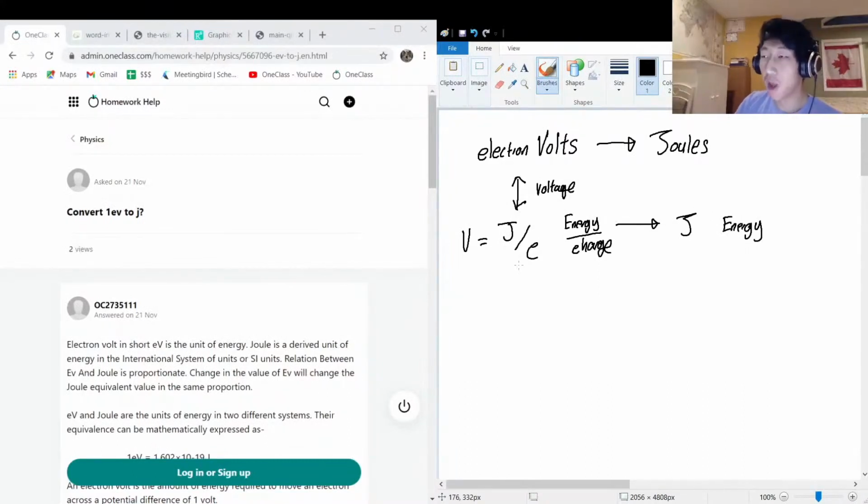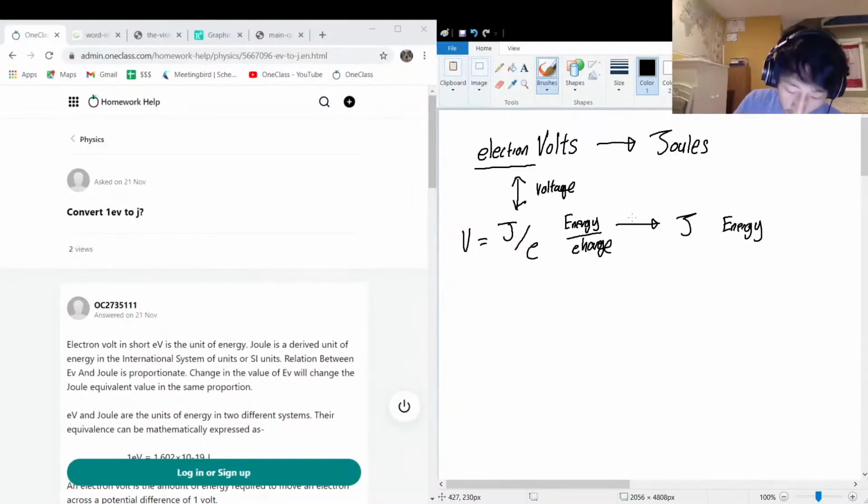So what charge should we use? Well, we look at the name electron volt. Electron, that's a nice hint. So why don't we multiply 1 volt by the charge of an electron, that should just give us a joule left, and that will be how many joules are in an electron volt.